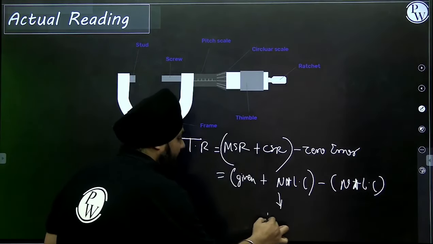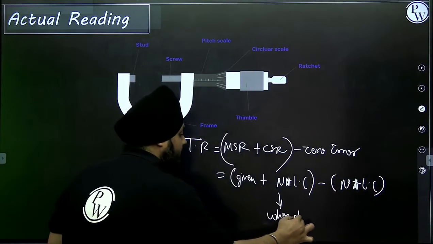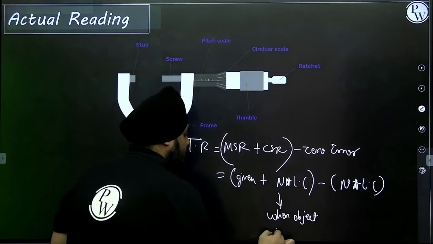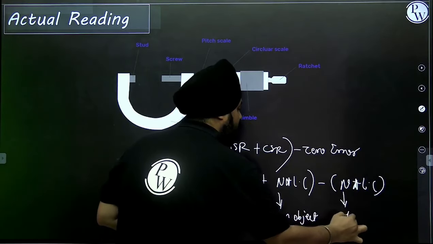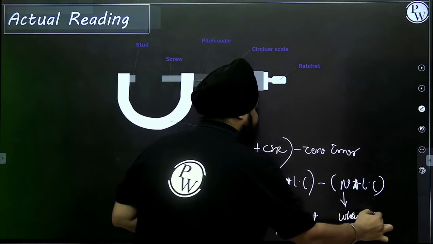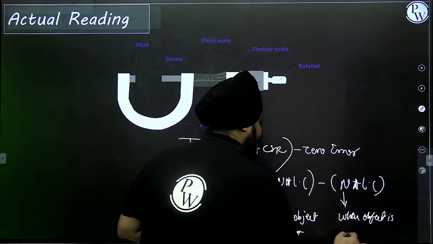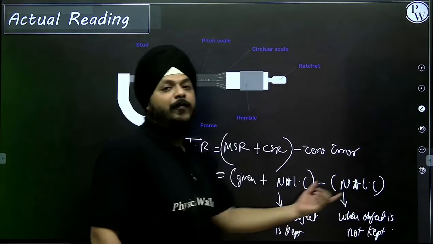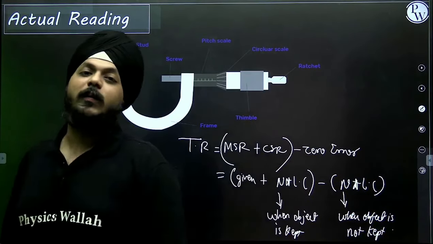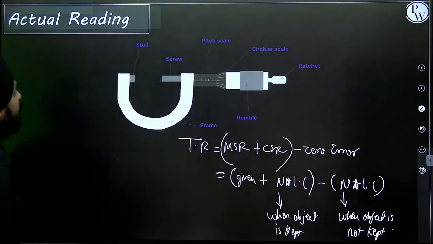This n is when the object is kept, and this n is when the object is not kept. So this is the actual formula, and we have already seen this.